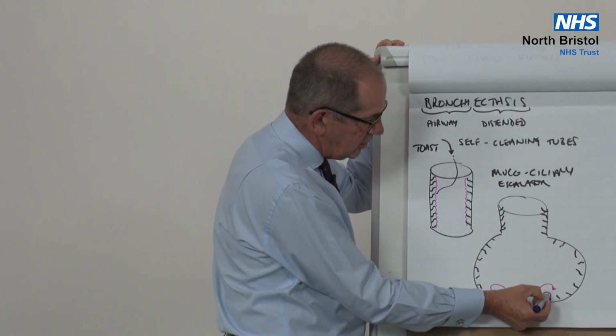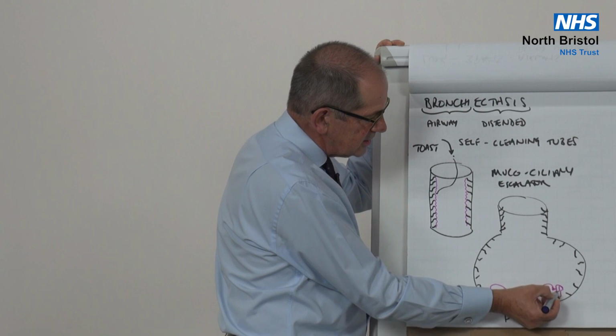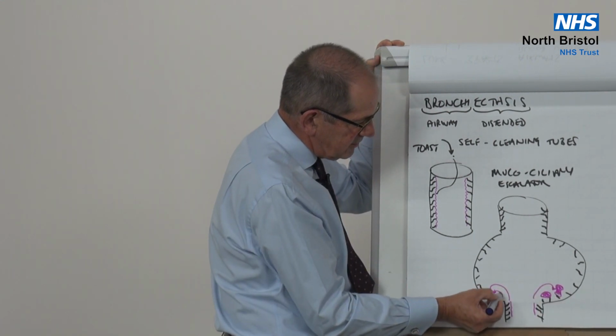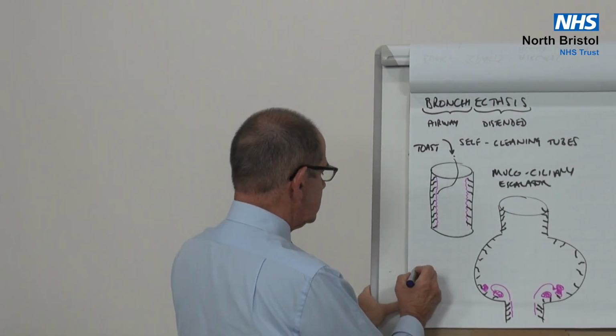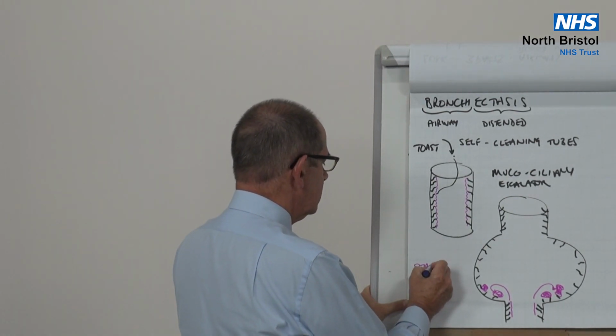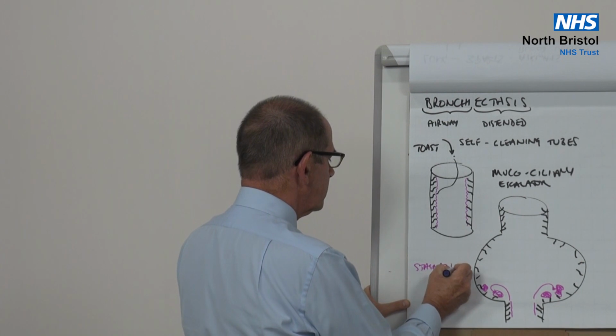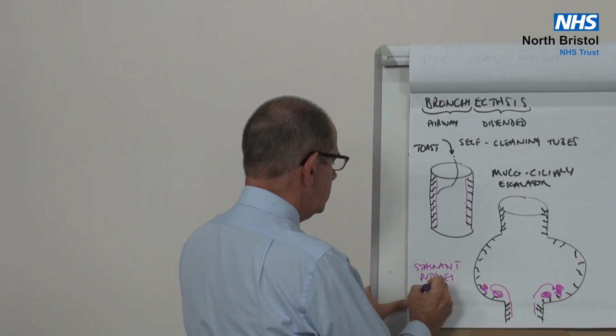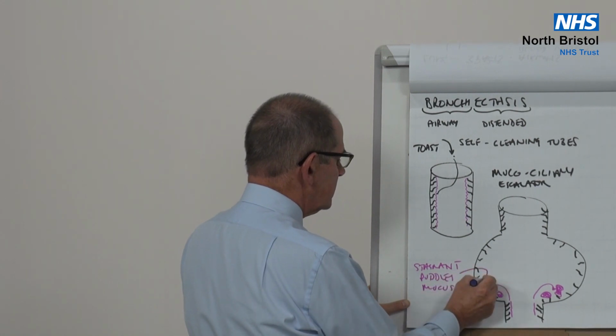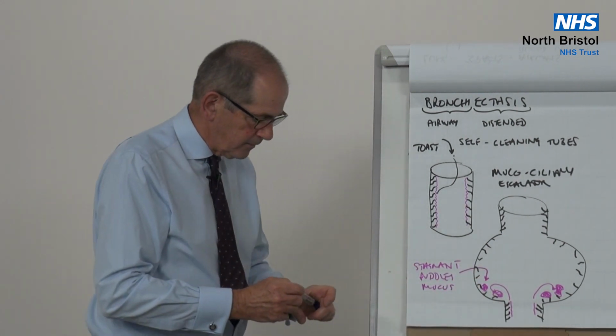So you get globules of mucus sitting in these damaged parts of the airway, which become stagnant. So we've got stagnant puddles of mucus. Here they are, the stagnant puddles of mucus.